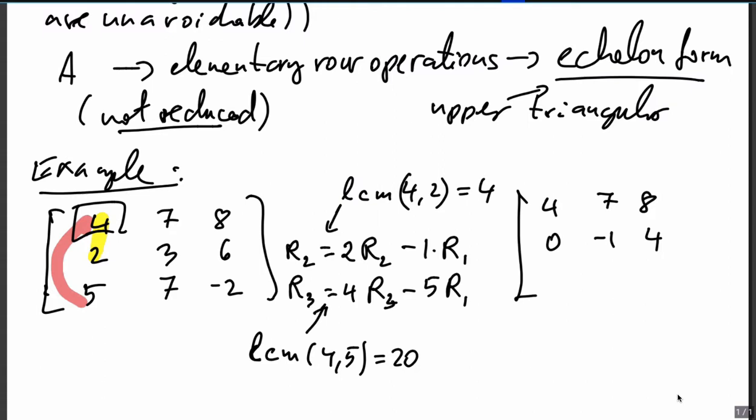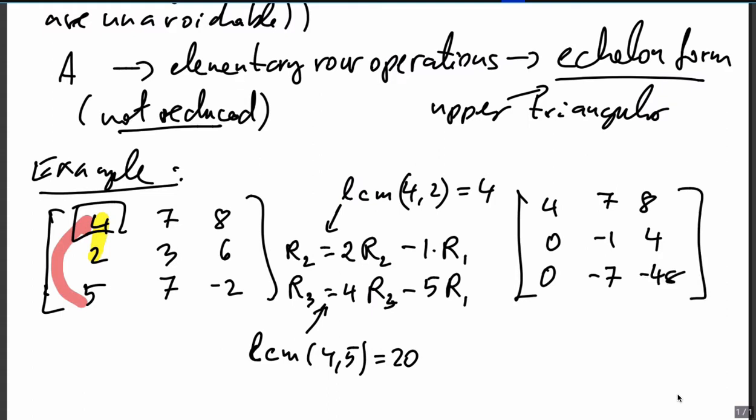Then the second row is done. And the third row: 4 times 5 is 20 minus 20. Then 4 times 7, 28 minus 35. That's -7. Then 4 times -2 is -8, and minus 5 times 8, 40, so it's -48.